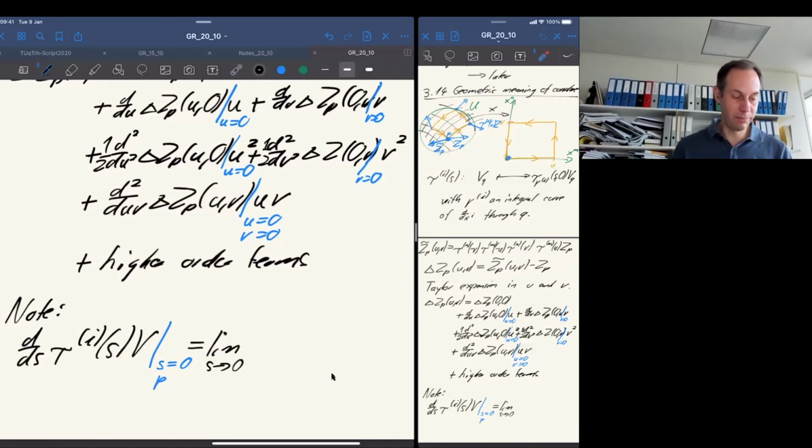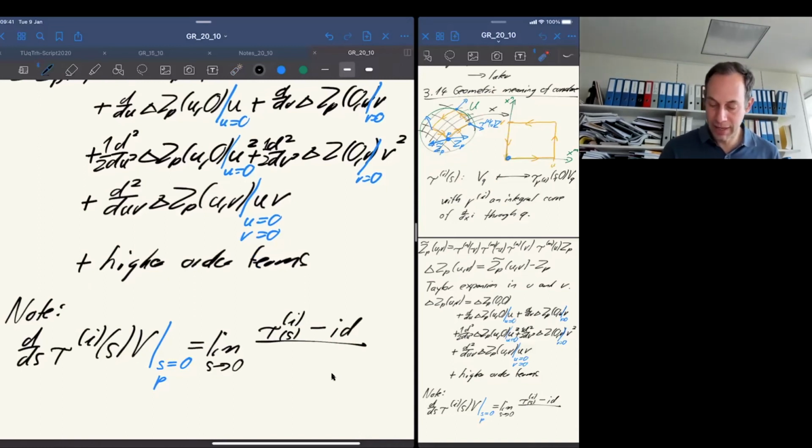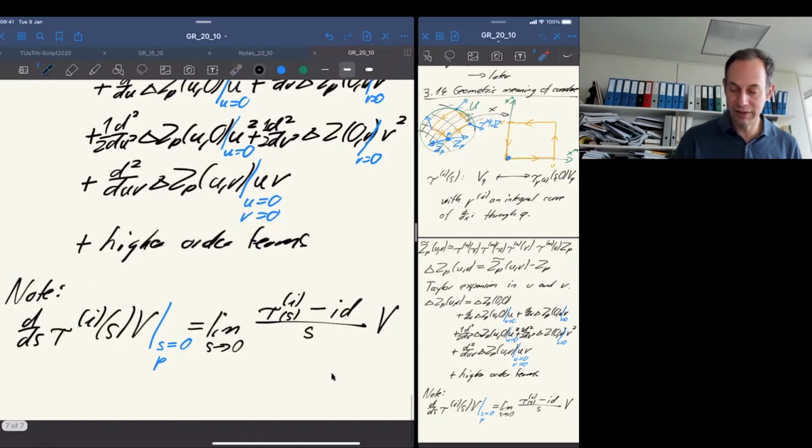We have done that in the past already. I take the function tau applied, minus the function evaluated at 0, which is just the identity map. So tau with the value 0 is the identity, and I apply this difference to v, but normalize it by s. That's essentially the definition of the derivative.